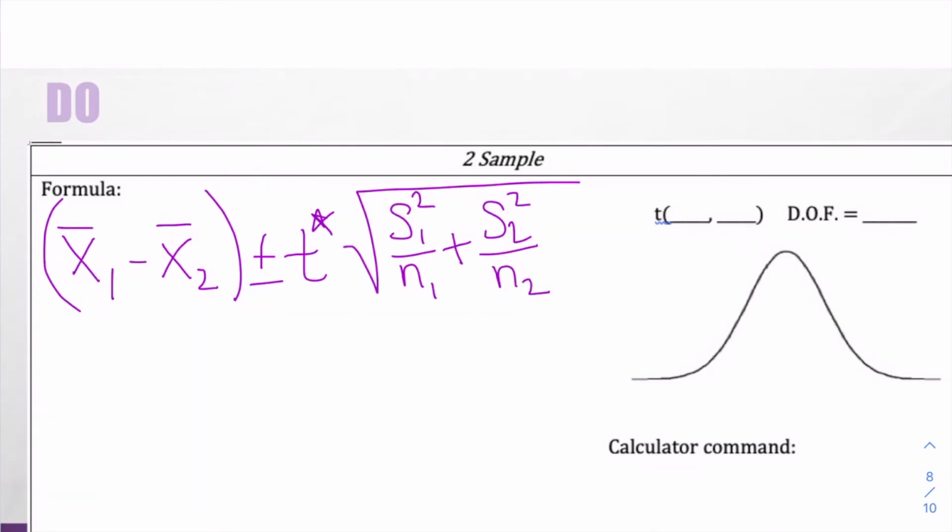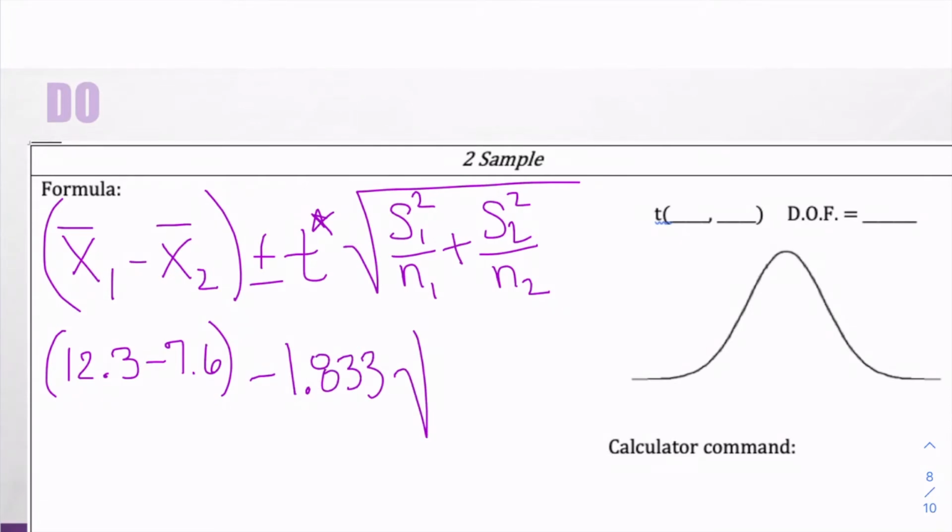Okay, so plugging things in, I get 12.3 minus 7.6 plus or minus my t star, which was 1.833, times the square root of 3.5 squared over 10 plus 3.4 squared over 12.